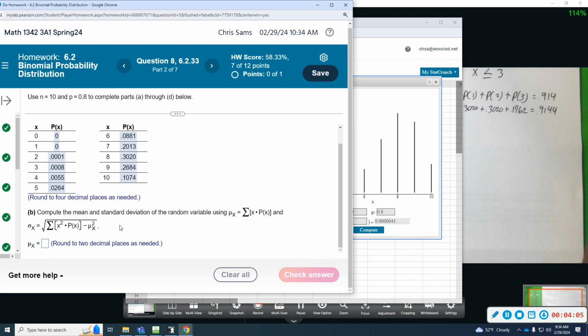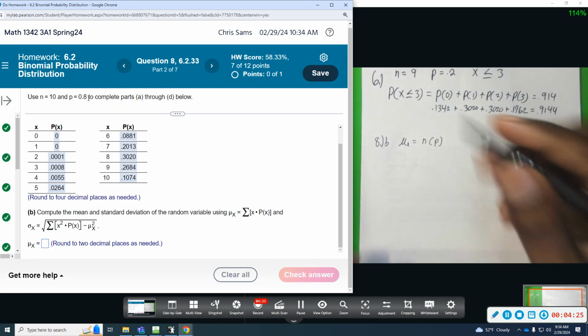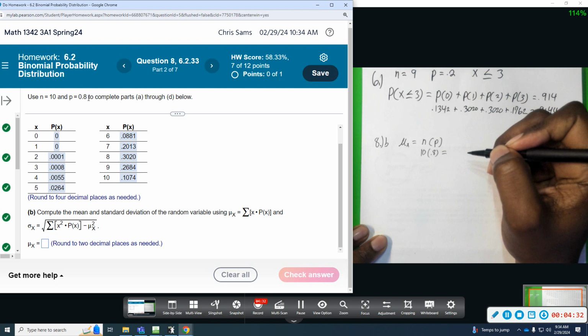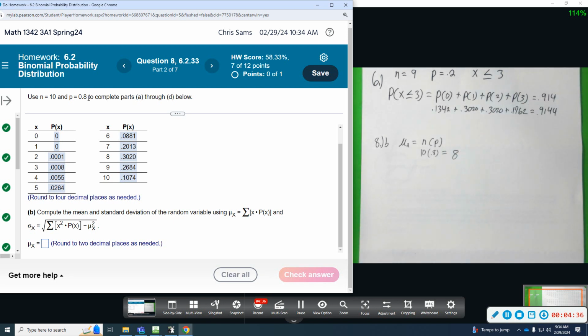They want you to do it with number times probability, but you should get approximately the same. So the mean is the number of trials times the probability of success. If we just do 10 times 0.8, that'll give us 8.